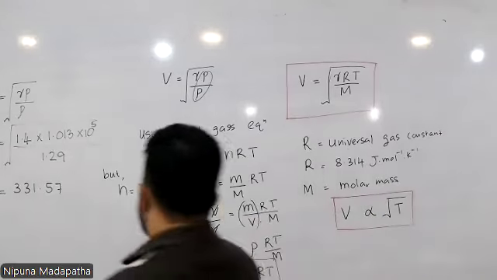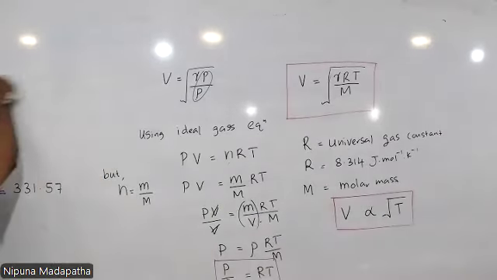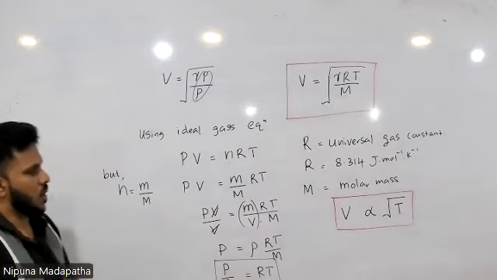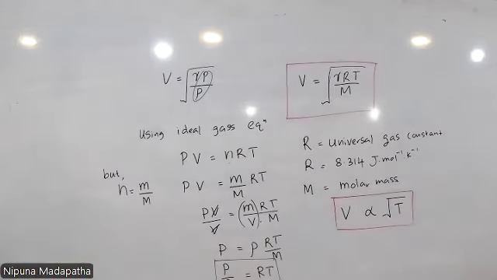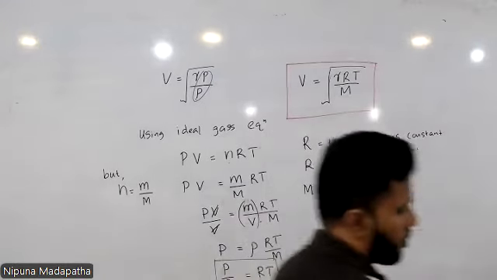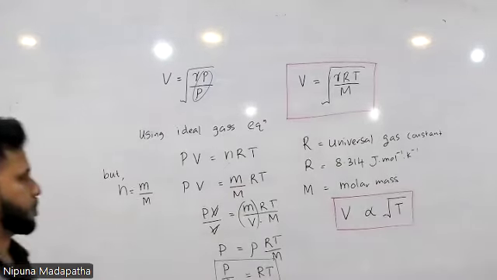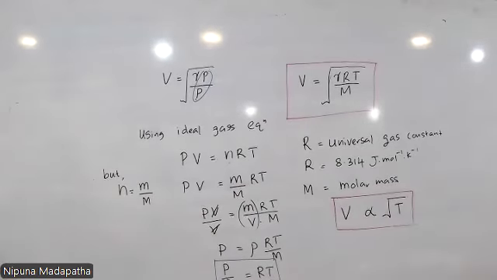So now write this: V proportional to square root of absolute temperature. Right.